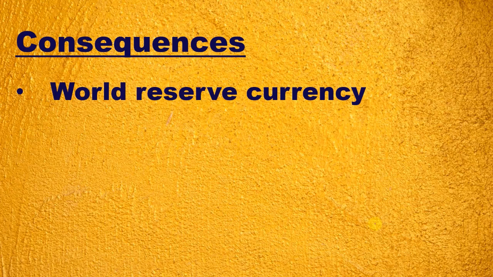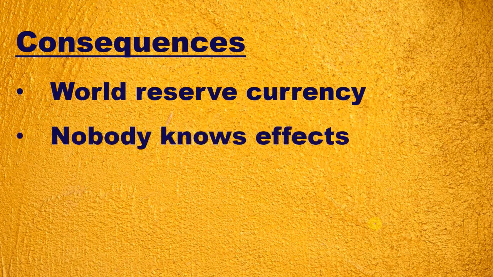Remember that all commodities are priced in US dollars. There's never been a time in history where the reserve currency has been a fiat currency, and indeed all major currencies are fiat. And so this is on a global scale, and this is all new to everyone. And so the consequences of a negative interest rate on a reserve currency are completely unknown.